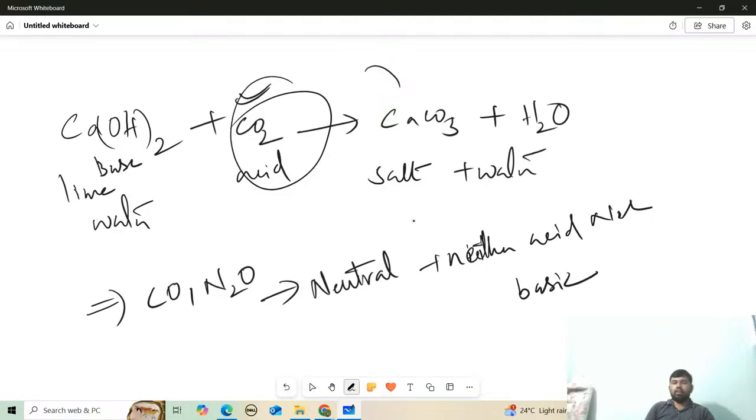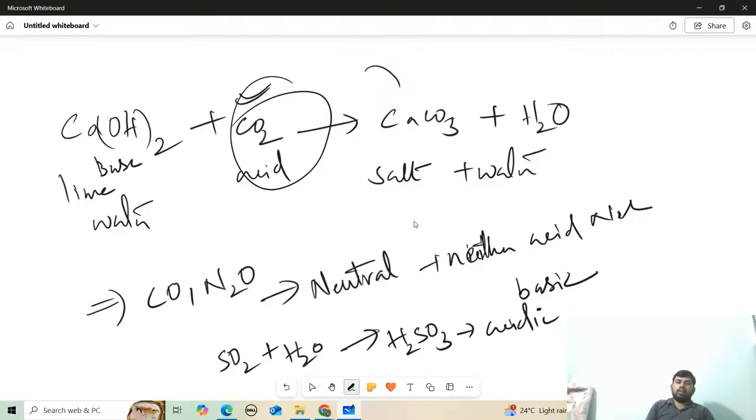Okay, let's understand. SO2 will react with H2O and forms H2SO3. This is also acidic in nature. So non-metal oxides are acidic in nature. Metal oxides are basic in nature. Okay, please remember.